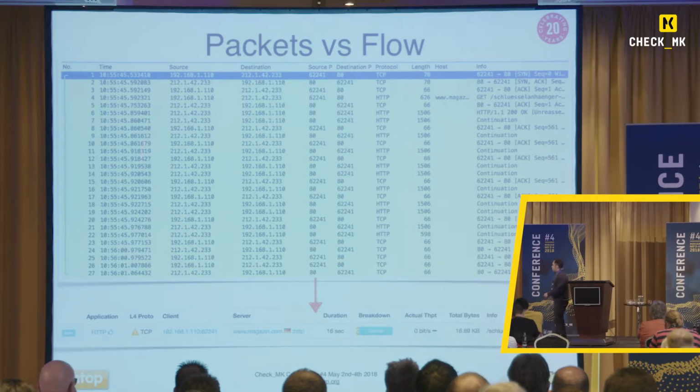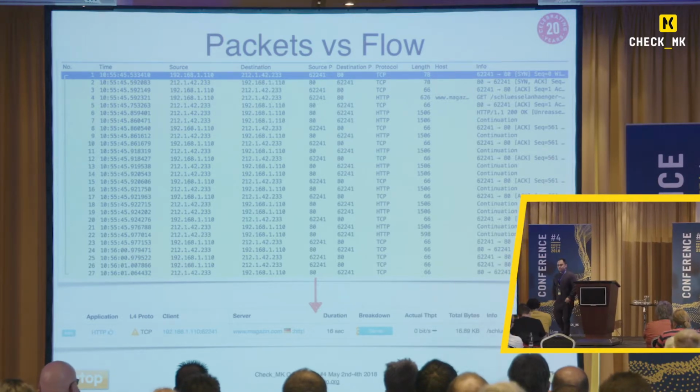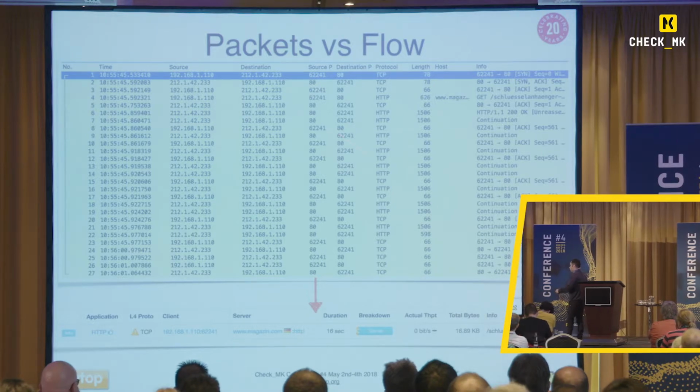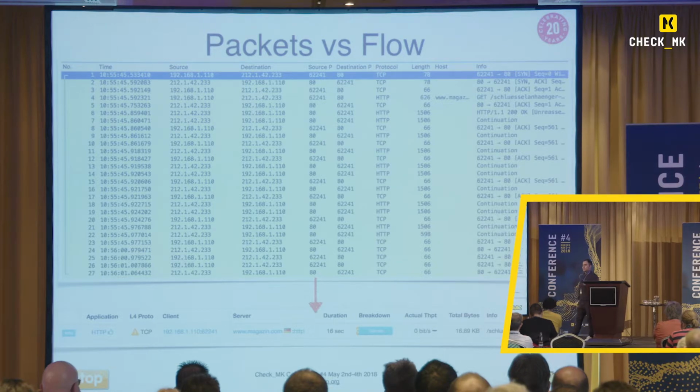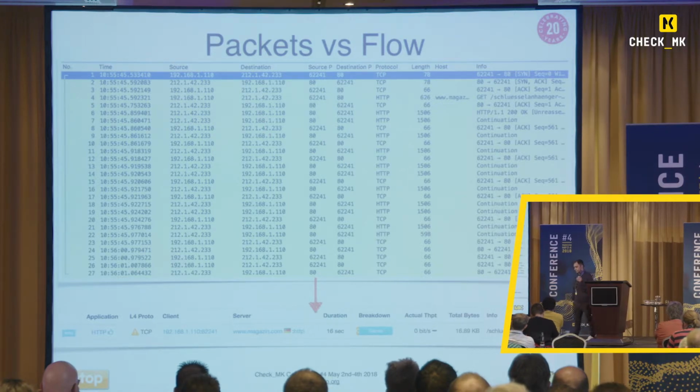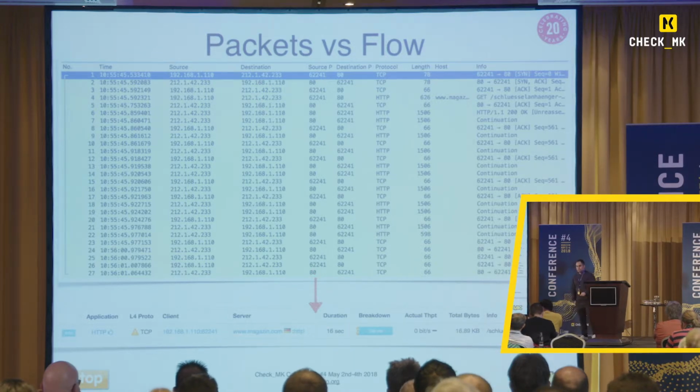Well, 27 packets only for an HTTP connection. It's infeasible for a human to manually do any kind of analysis using packets, at least in the beginning. So here we have an example of the NetFlow that corresponds to all those packets.